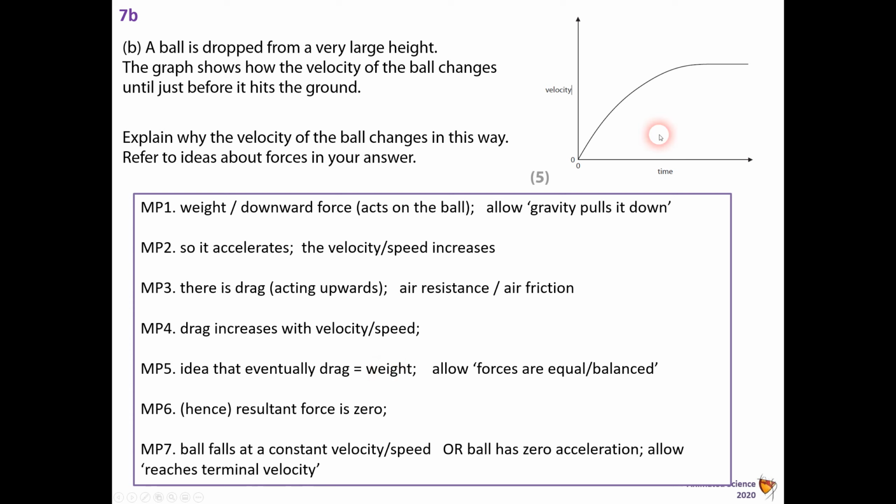At that point, the last marking point, where you're here on the graph, you are falling at a constant speed, or the ball has 0 acceleration, or you might say we now have reached terminal velocity. Notice in the question they haven't talked about terminal velocity, so the big hint is that's a marking point. So 7 easy marking points.